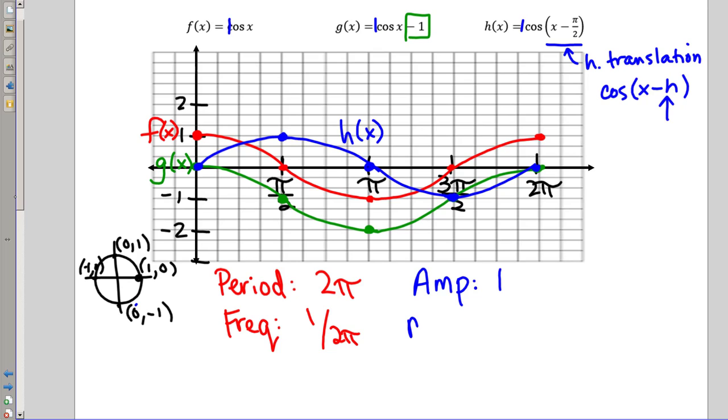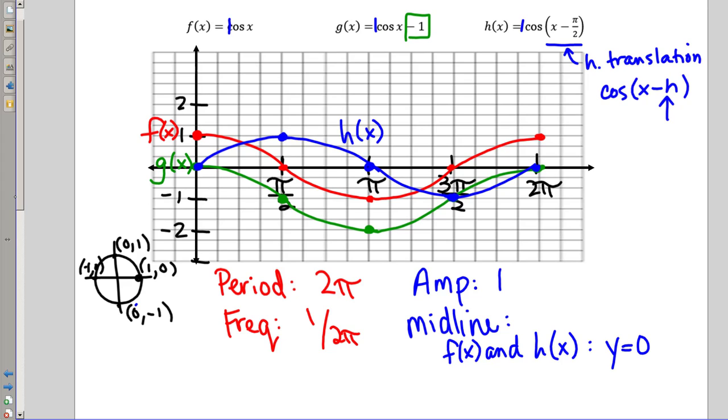Then we have our midline, okay? And the midline for f of x and h of x is y equals 0 because there's nothing being added or subtracted.